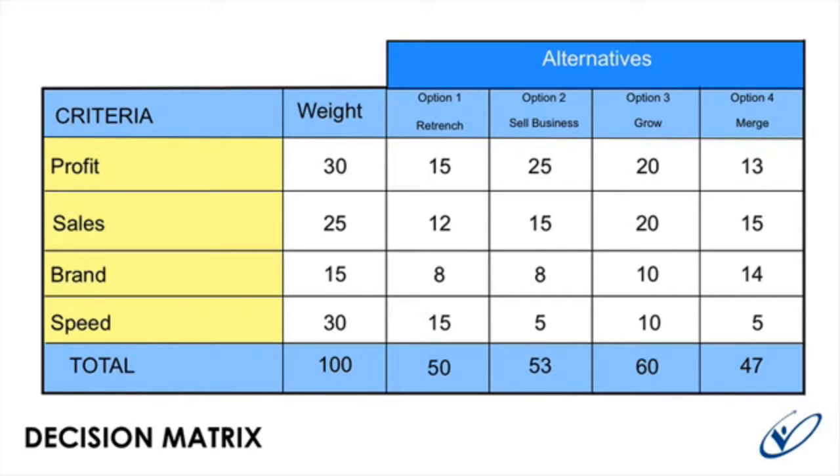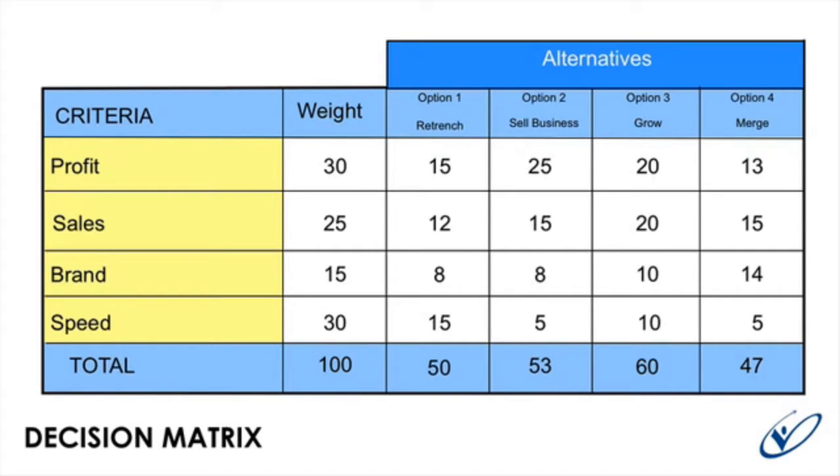Then what you do is for each of your alternatives, you score across the row, and you score out of the weighting. So for profit, we go across. For option 1, we've given it 15 out of 30. Option 2, 25 out of 30, etc. In sales, option 1 was 12 out of 25 and option 2 was 15 out of 25. Okay.